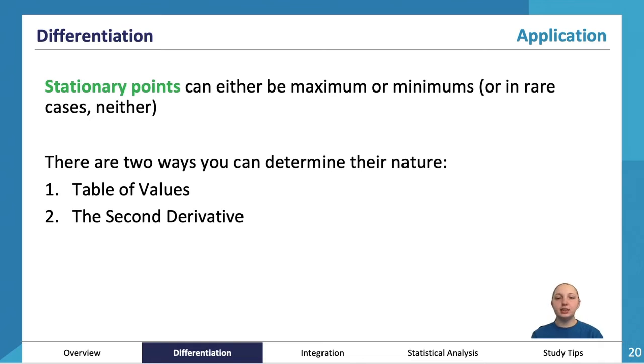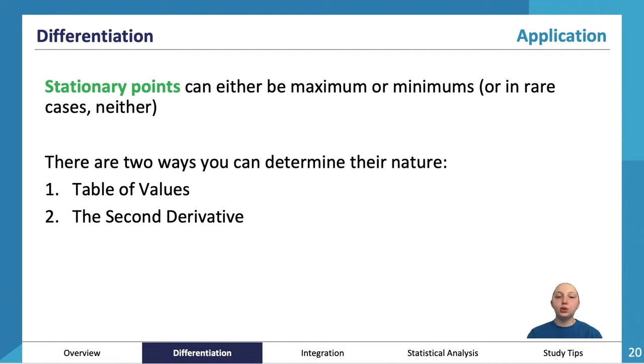Essentially with your table of values, you're going to create a table. You're going to put your stationary point in the table and then do one number on either side of your stationary point, also in your table. So let's say the stationary point occurs at x equals 3. You'd put 3 in the middle of your table, and then you do 2 and 4 on either side.